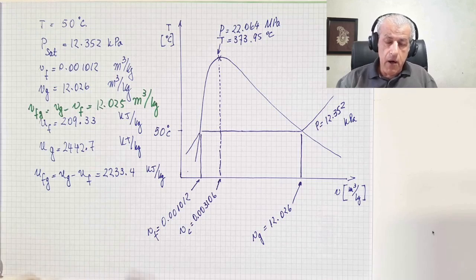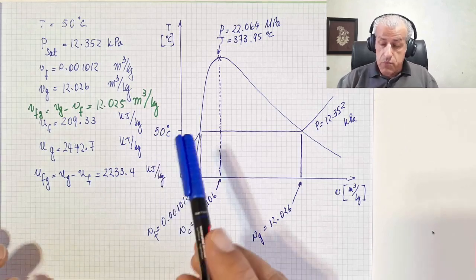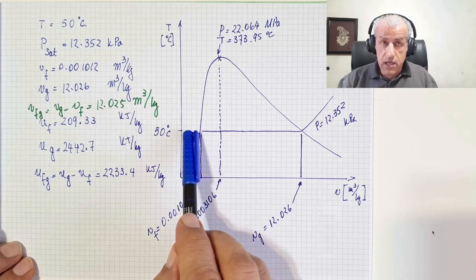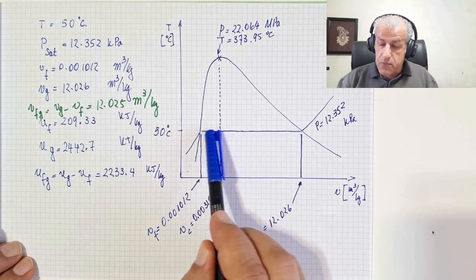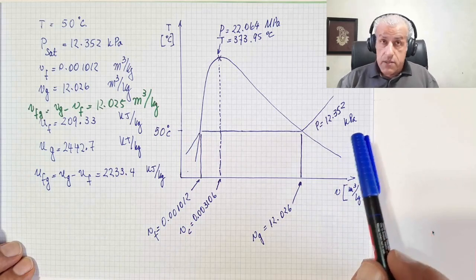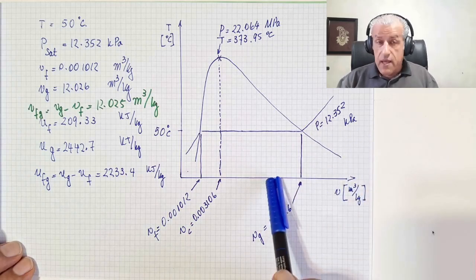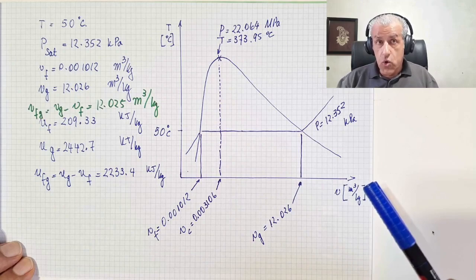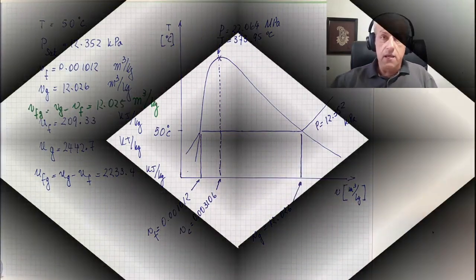Now, where does our problem stand? Our knowledge of specific volume and temperature tells us where we stand. Initially we are at 50 degrees C, so we could be between these 2 points, or we could be at the superheated vapor point. But how do we decide on it? We shall know what the specific volume is, and when we decide on the specific volume, then we would know where in this curve we stand.